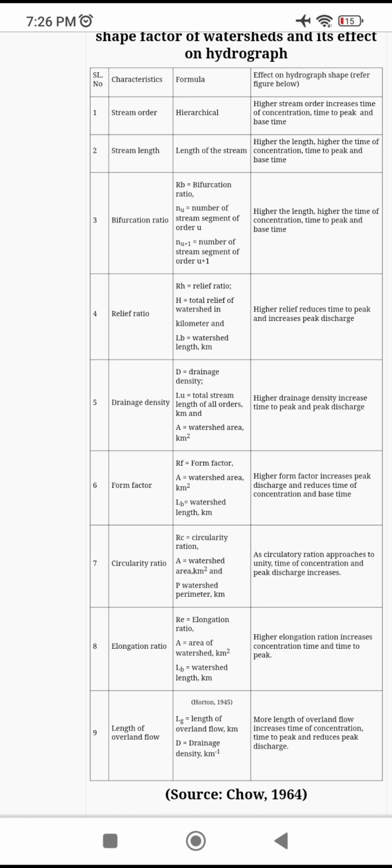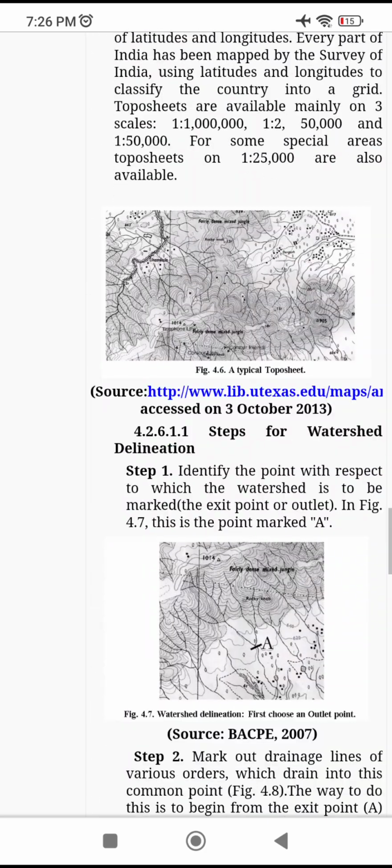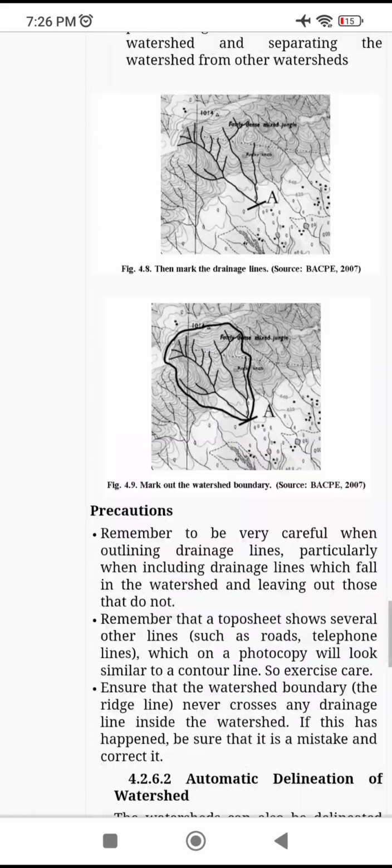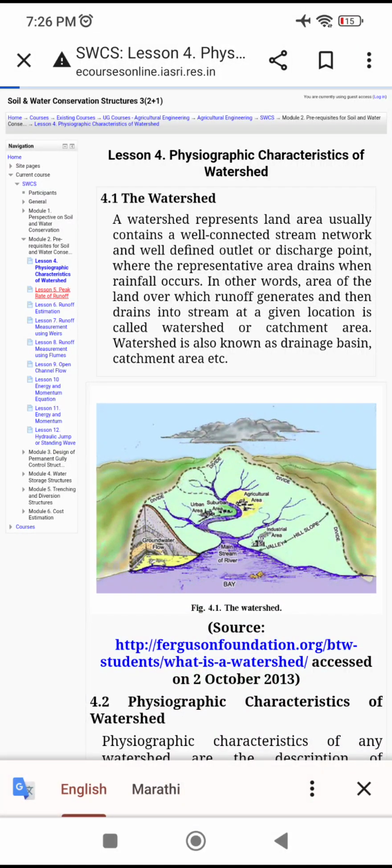Remember all these characteristics, formulas and the effect on hydrograph shape. You should go through these characteristics and their formulas from exam point of view. Then what are the steps for watershed delineation? This is somewhat a practical approach. It won't be that important from exam point of view.